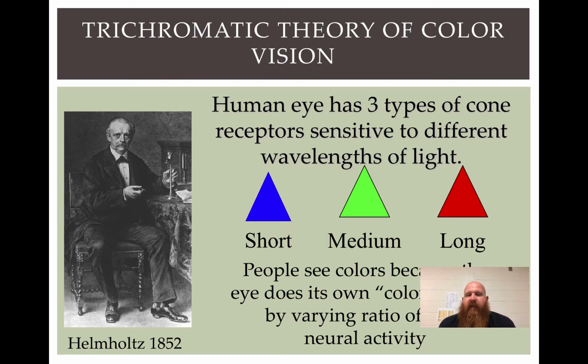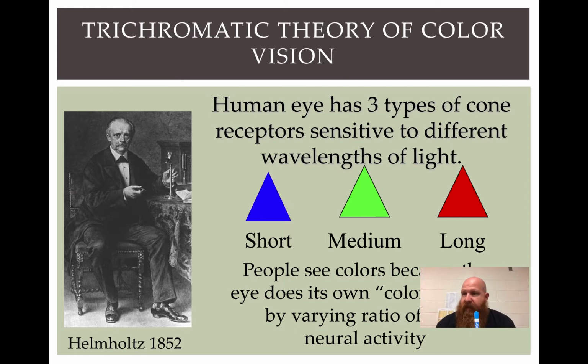People see colors because the eye does its own color mixing by varying ratio of cone neural activities. So when we see, let's say, this color, all right, it's definitely not violet, but it's definitely not red. What is actually happening is that the photoreceptors in our eyes, the different cones, are firing in different combinations. So there are different combinations of this versus different combinations of this, right?